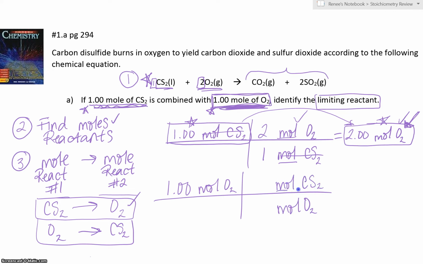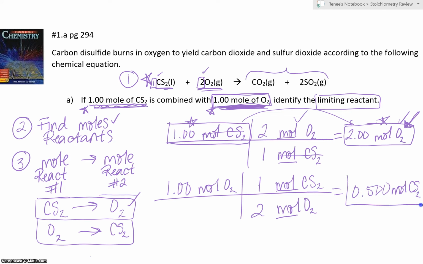Since it's a mole to mole, we pull from the coefficients. There's a 2 in front of the oxygen and a 1 in front of the carbon disulfide. So 1 divided by 2, which is 1/2, 0.5 moles of carbon disulfide.